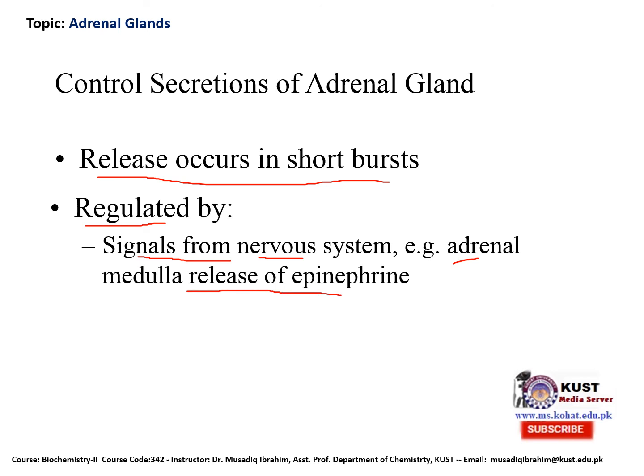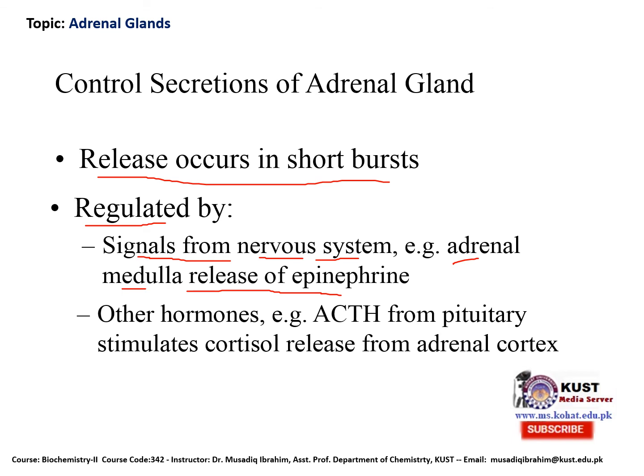As we know, the adrenal medulla is innervated by the sympathetic nervous system, and that is why the nervous system maintains and regulates the secretion of the adrenal medulla hormones, which are epinephrine and norepinephrine, also known as the stress hormone or fight or flight hormone.